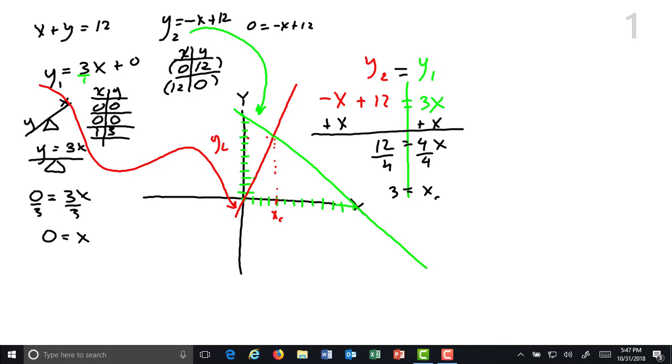So how do I find the y value once I have the x value? You plug it into either y1 or y2, because you know what the x is now. Wouldn't it be easier to plug it into this one than that one? Or not really. But x is 3. So if x is 3, what is y?